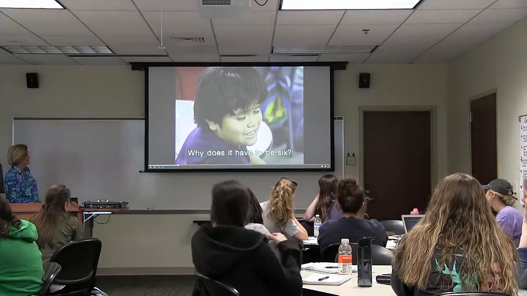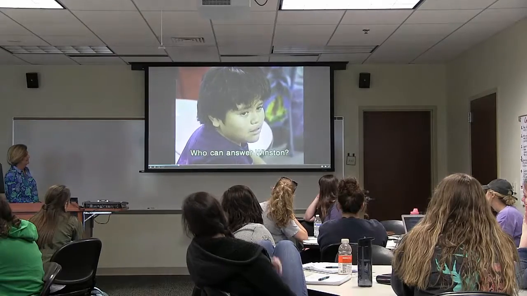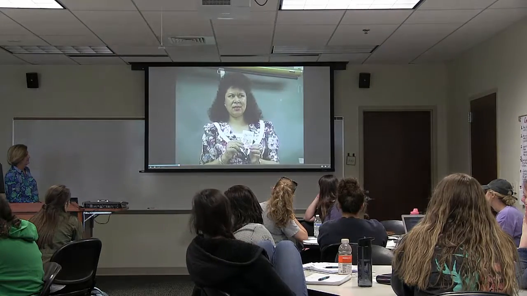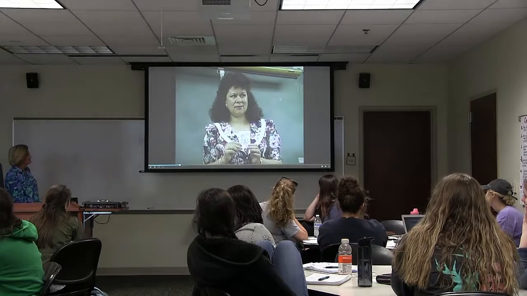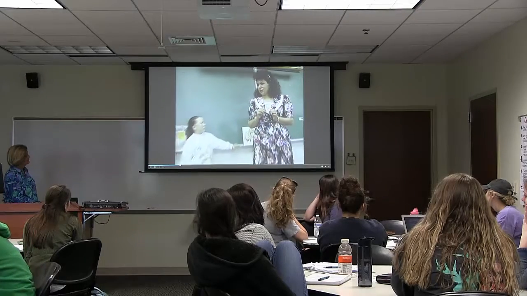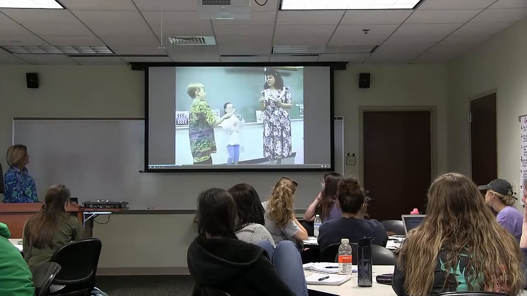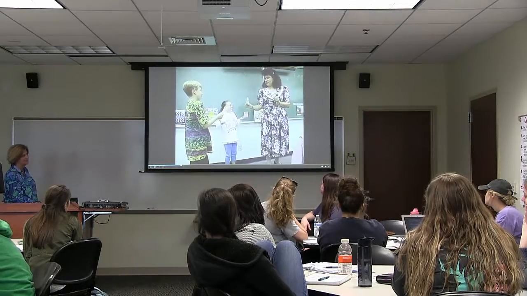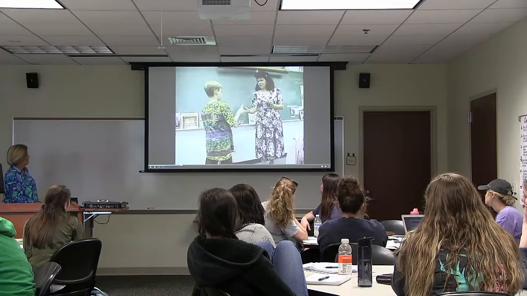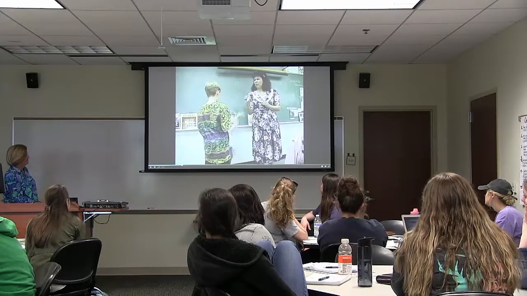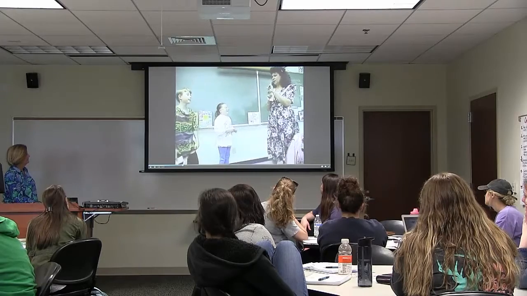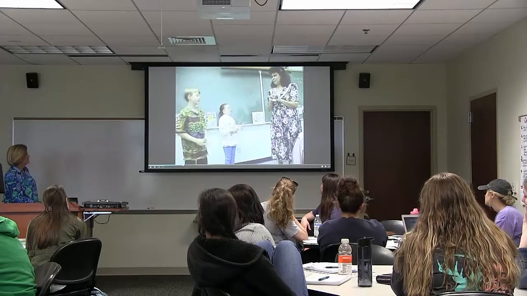¿Por qué tiene que ser 6? ¿Quién le puede contestar a Winston? He says, why does it have to be 6? Because I could exchange with you twice. Things like that. So it matters. So I could exchange with you, and that would be 4 right there. But if we were going to exchange 1 Valentine at a time, then it would be 3.